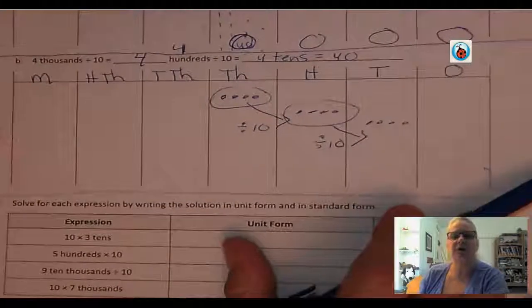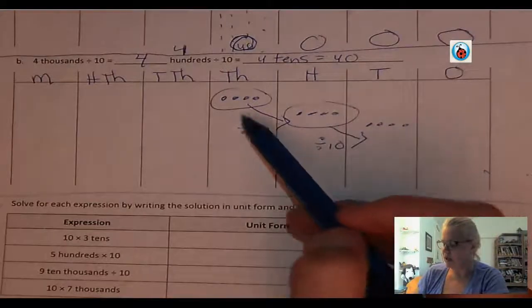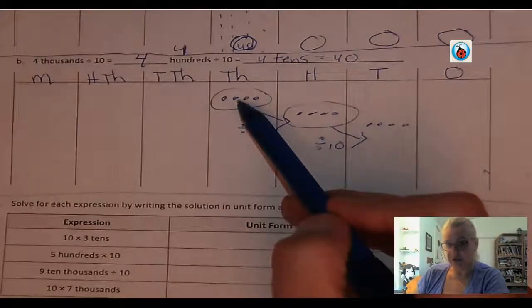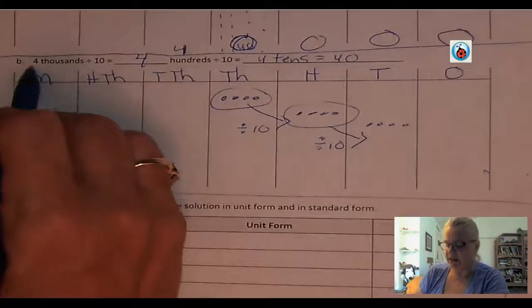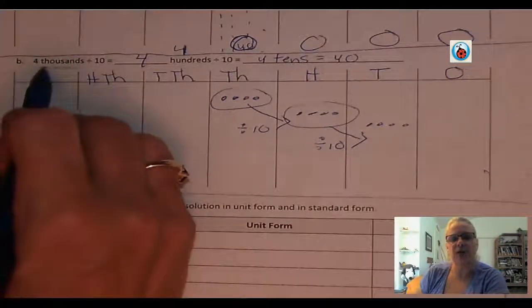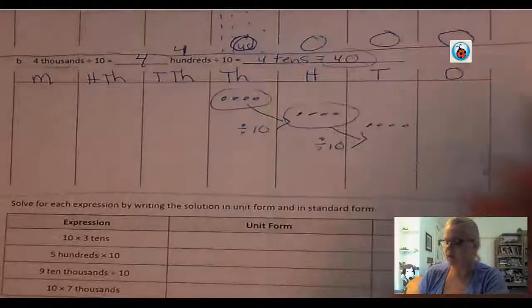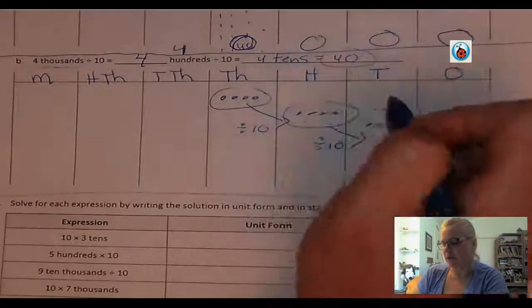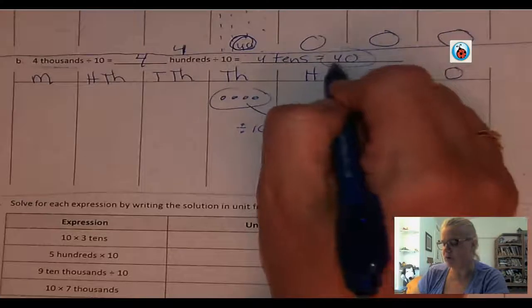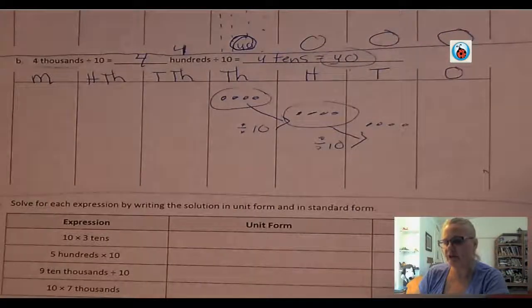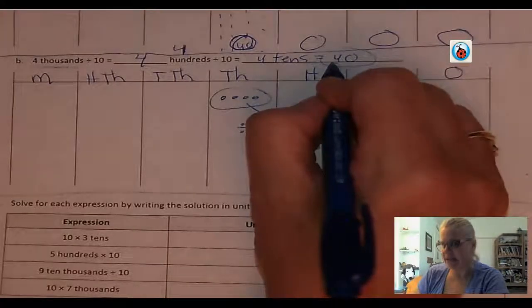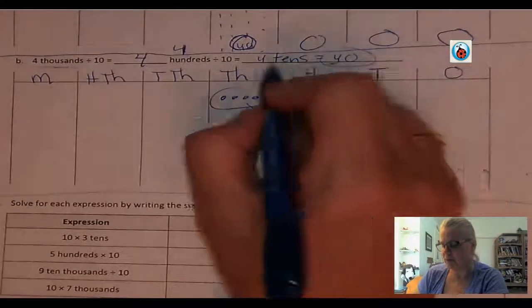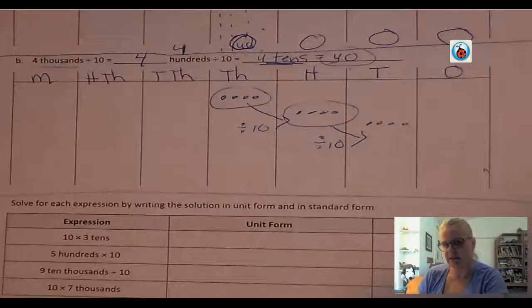So looking up here, this would be 4 thousands. This is unit form right here. Standard form is this, 40,000. What place value is the 4 in? The 4 is in the tens place. So this would be 4 tens, which is unit form.